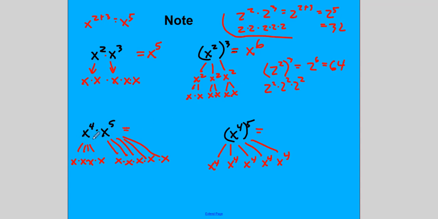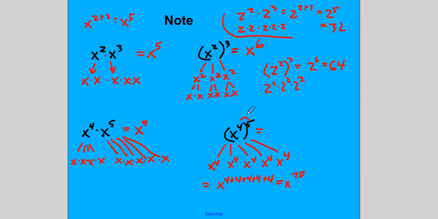So then x to the 4th times x to the 5th literally means you have x multiplied by itself a total of 9 times, so this is x to the 9th. This, though, means x to the 4th times itself 5 times, so notice when you have it like this, it is literally x to the 4 plus 4 plus 4 plus 4 plus 4, which is x to the 20th.